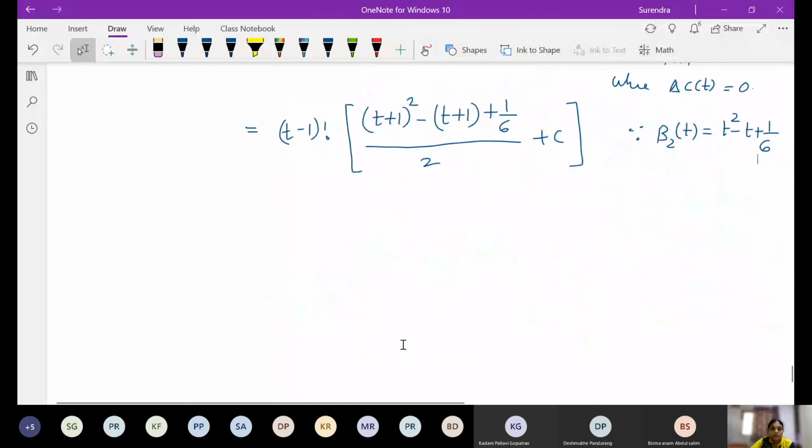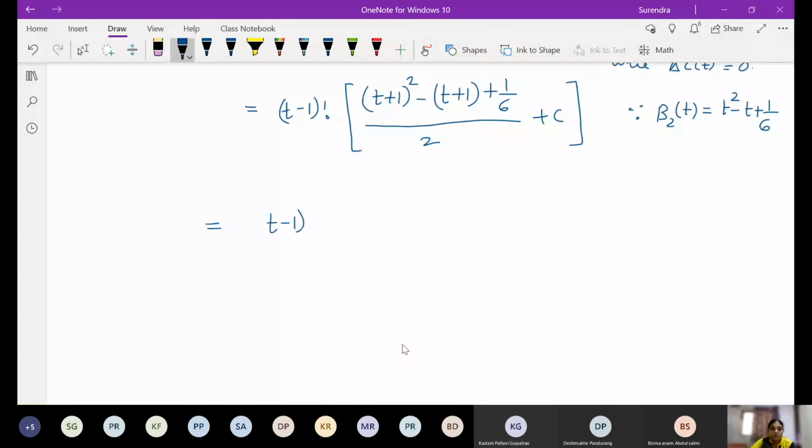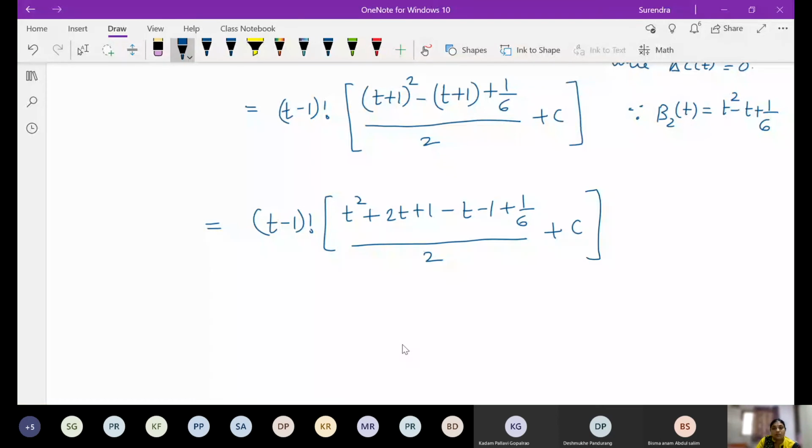If I simplify this, t minus 1 factorial times t square plus 2t plus 1 minus t minus 1 plus 1 by 6 divided by 2 plus constant c. T minus 1 factorial times t square plus 2t minus t plus t plus 1 minus 1 will get cancelled, plus 1 by 6 divided by 2 plus c.